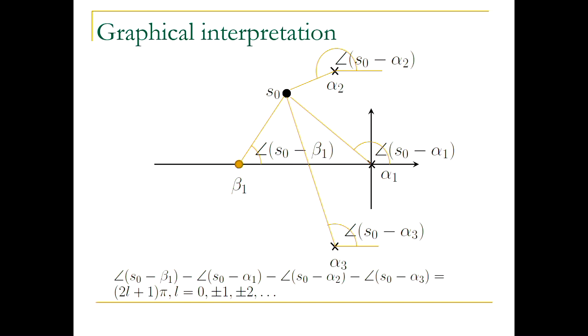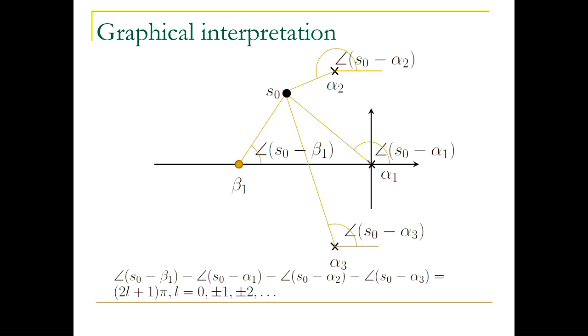Now, what is the test phase condition for root locus? If you add these guys, so in this example we have 1 zero and 3 poles, and this thing here is exactly equal to pi, plus minus 3 pi, etc., then the point S0 lies on the root locus.